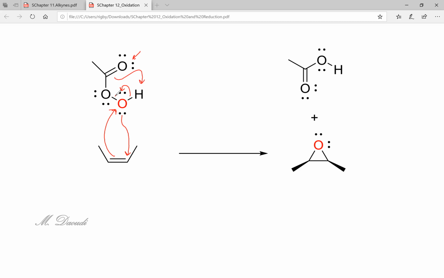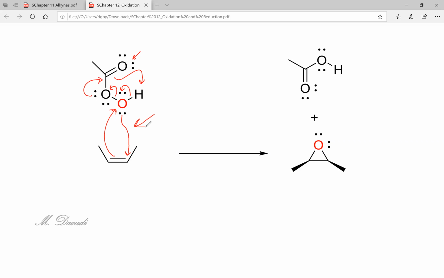And then this bond here is going to break and go onto this oxygen. And also, this oxygen is going to make a double bond right here. Okay, there's a lot going on in this mechanism, but the most important part is this part right here. Everything else should fall in line, just like before.